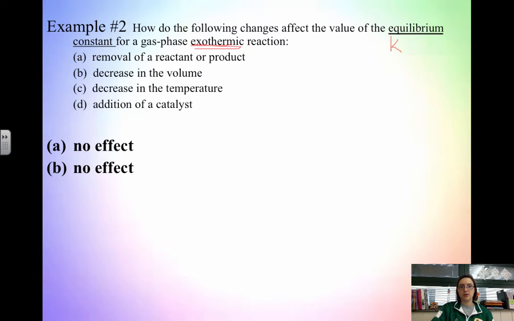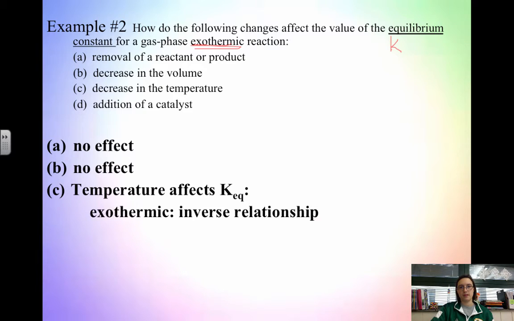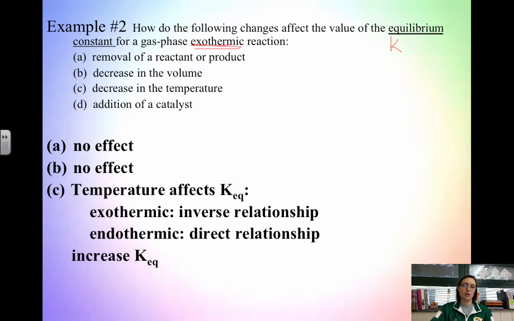But if you decrease the temperature, what we need to realize now is this is exothermic. Heat is a product. So if you decrease the temperature, you are going to actually increase KEQ because, again, heat in exothermic is a product.